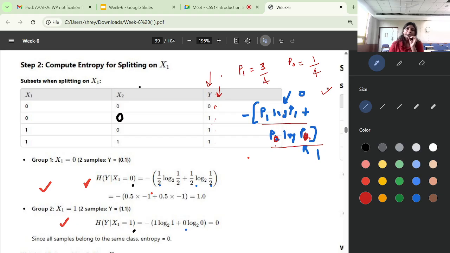Next, in this step, I want to choose x1 or x2. So how will you choose one among these two? You have to select one, right? To select one, I want to have some values for both these attributes.